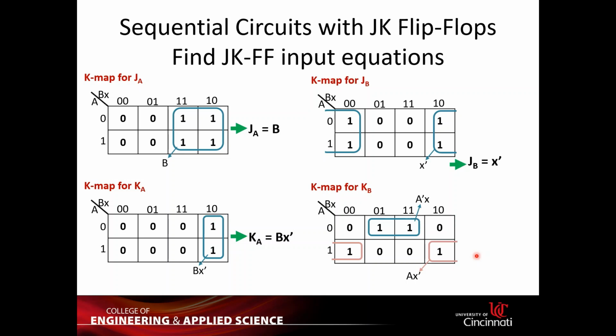So you have x naught A and A naught x. So your equation will be KB equal A x naught plus A naught x, and this equation will equal XOR, right? So you have A XOR X.